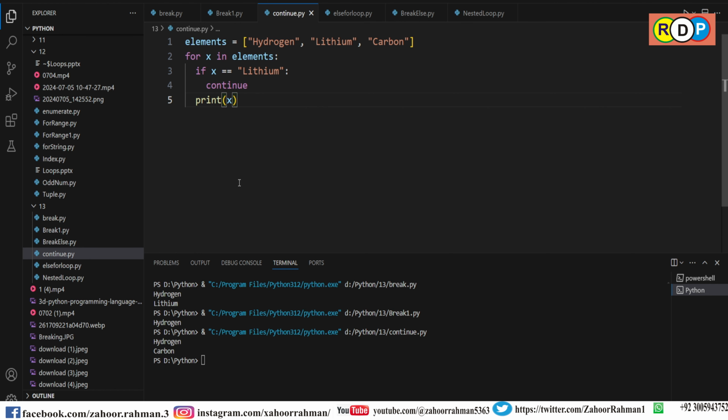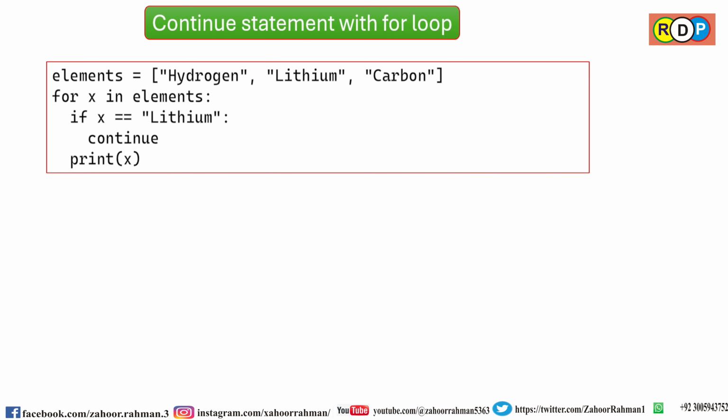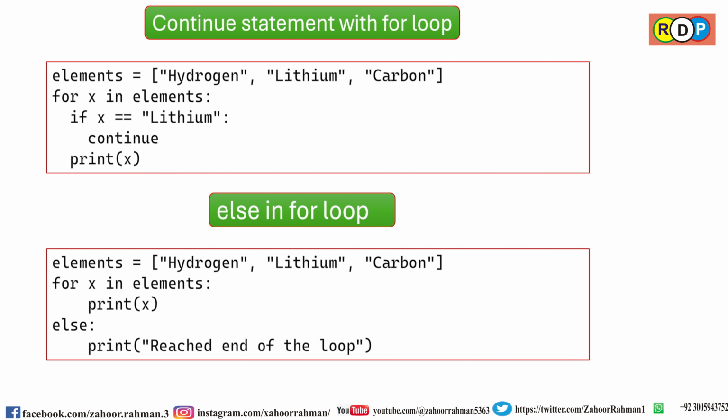Let's go further and run another program. Yes, very interesting. We can not only use else with the if statement, it can also be used with the for statement as well. So let us observe this technique through a program.